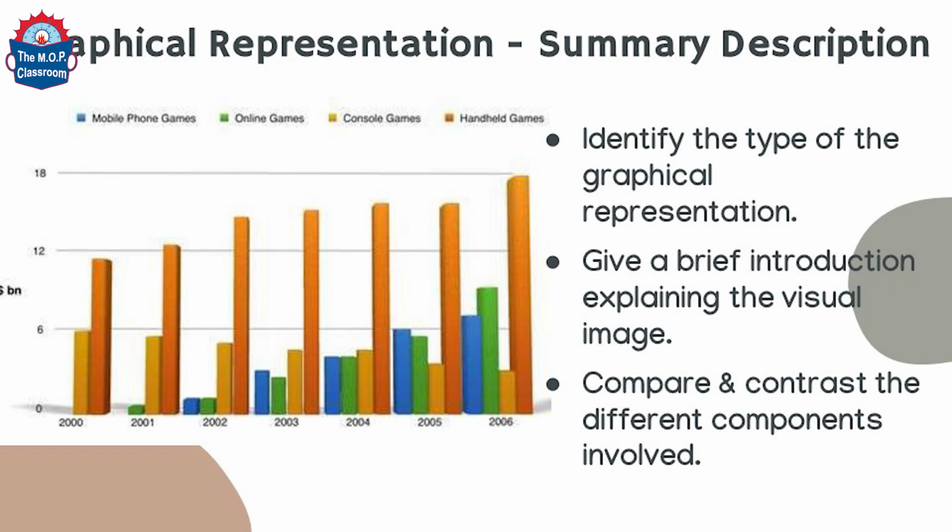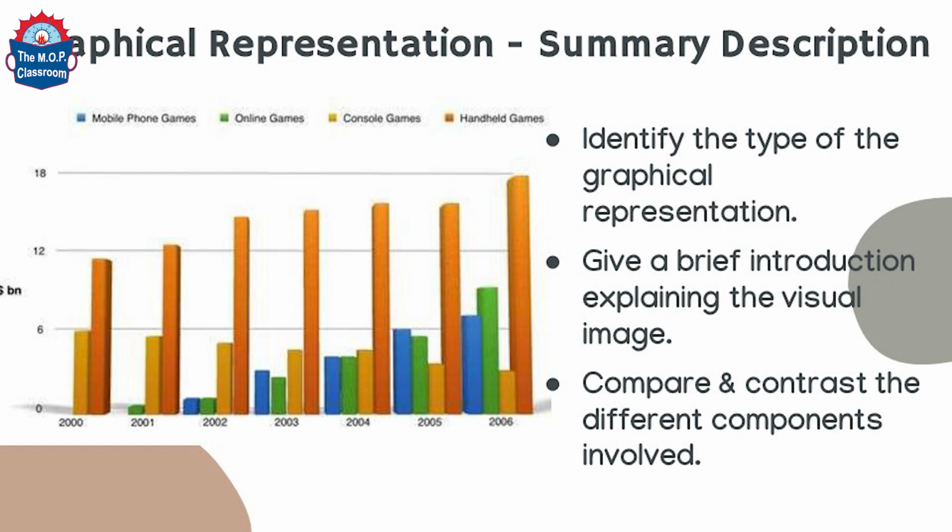How the progression of sale of these components has changed over seven years is clearly shown using these bars. Whenever you are writing an answer, you need to identify that this is a bar chart, and the two major components are sale of different types of video games and the period of years through which it is tracked. Then you need to give a brief introduction about what the visual is, then what it is conveying.